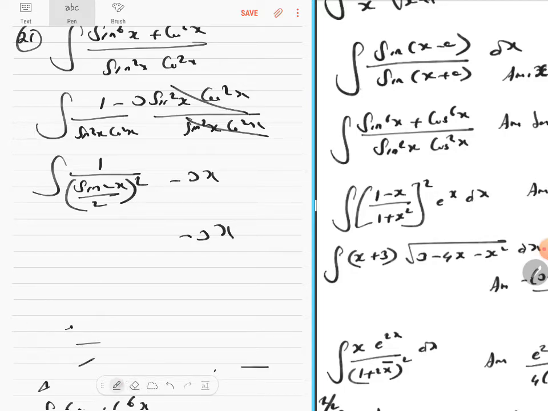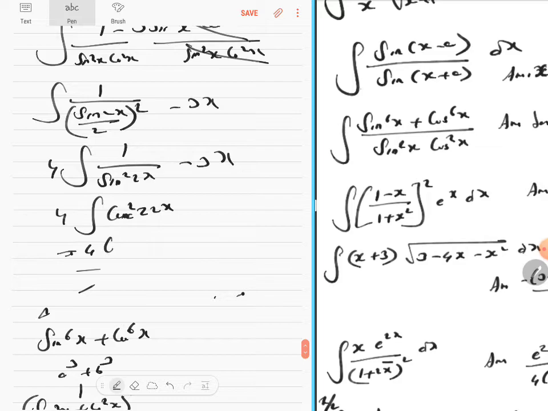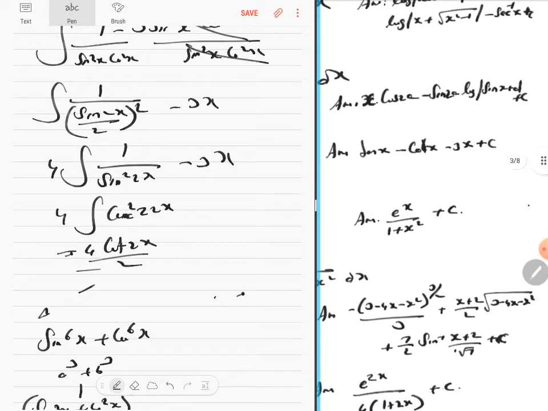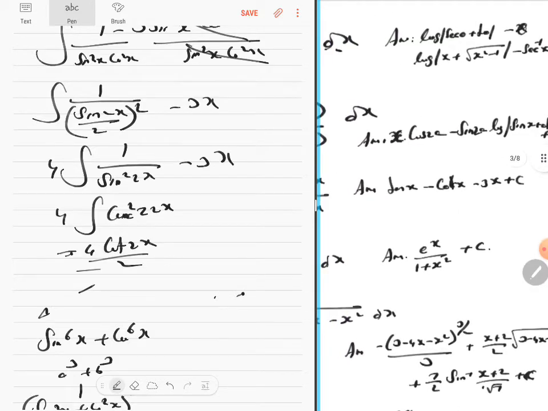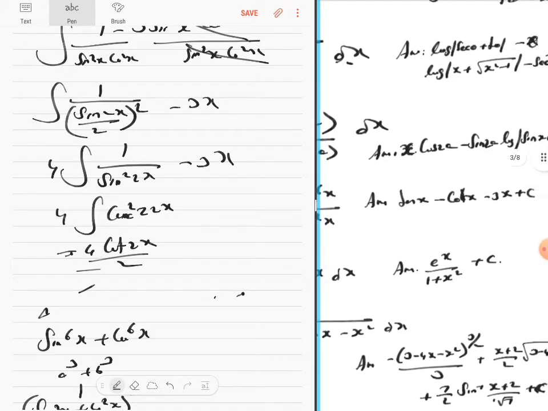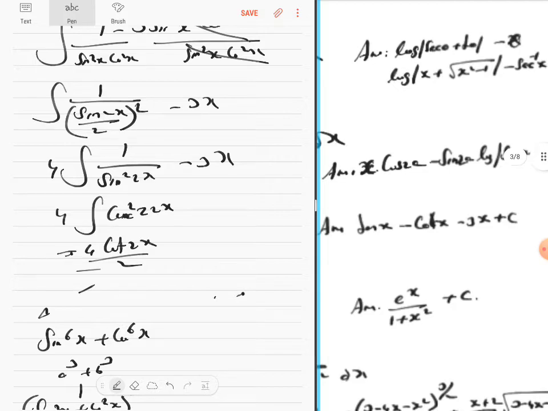So then it's the integration of 1 by sine square 2x, with the 4 up there, which is the integration of cosecant square 2x. It's cot x, so minus 4 cot 2x by 2. Is this what I've written here? Minus 3x is fine, but a tan x minus cot x here.